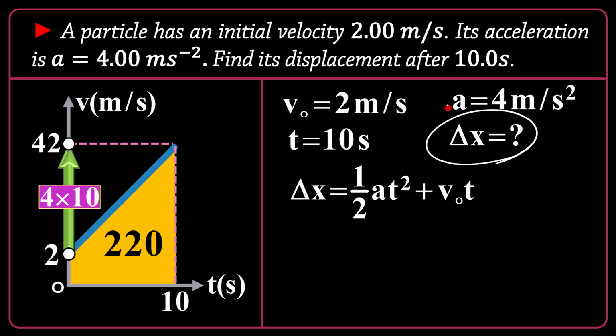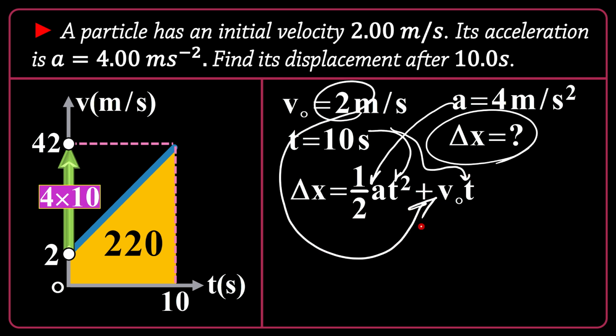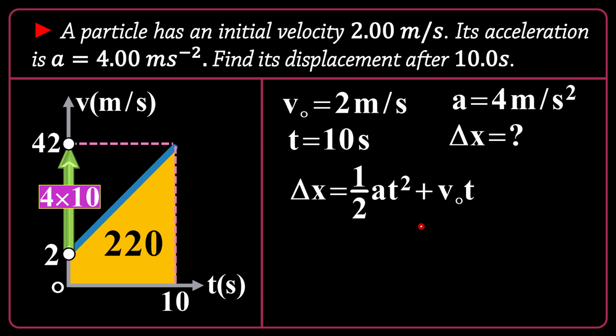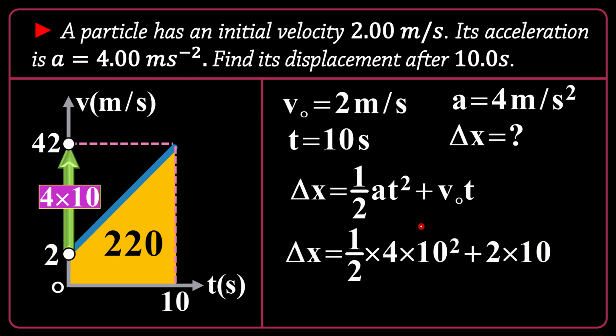Then I plug in the values. Acceleration is 4, time is 10, and v naught is 2 meters per second. When I do the calculation, I will again get 220 meters. It's up to you which one is better, but mostly I prefer the graph because everything we extract as equations is from the graphs.